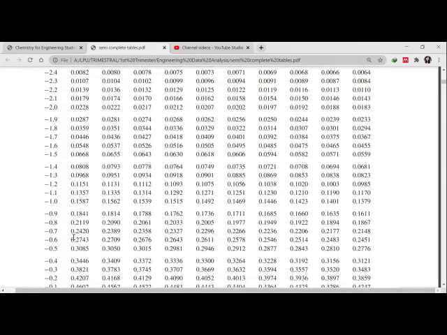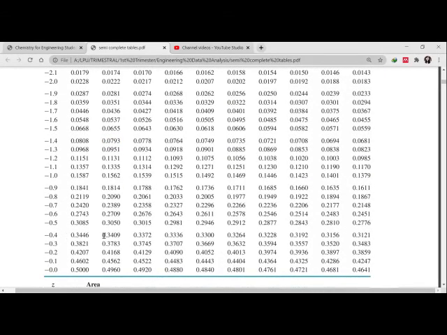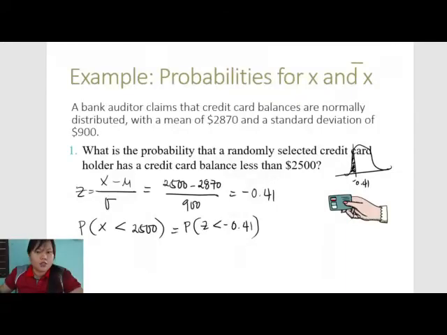Negative 0.40, 0.3409. Okay, so lagay natin siya 0.3409. Okay, so this is the probability.